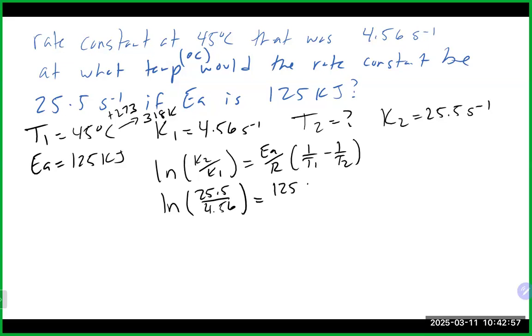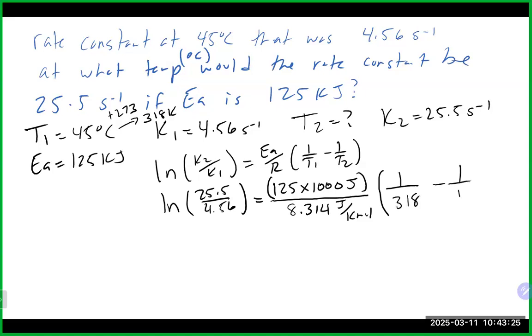I am personally going to multiply by 1,000 to convert it into joules, so it is in the right units for my R value, which is in joules. Once again, if you want to go kilojoules on both of them, you can do that as well. It should come out the same.